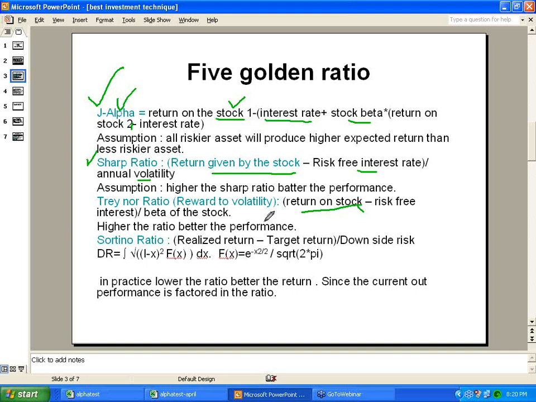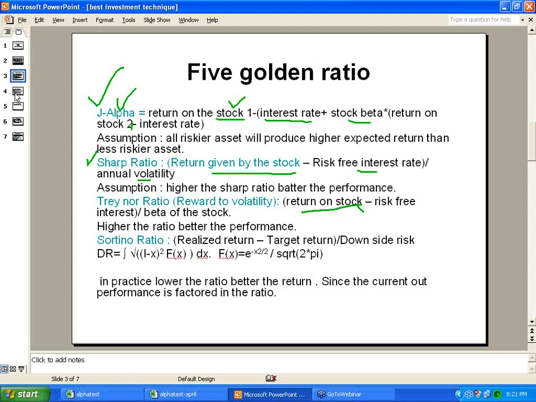The reason is that a lower ratio means the higher return the stock produces has already been factored in and already been awarded. So these are the 3 basic formulae of Jensen's alpha, Sharpe ratio and Treynor ratio. If you wish, you can take a note of this.